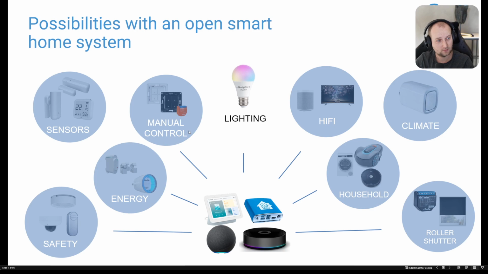Lighting, manual controls, which is also something which I find very important. So I've seen so many people making smart installations based on wireless buttons. So they are basically skipping their wall switches and using wireless battery operated buttons.